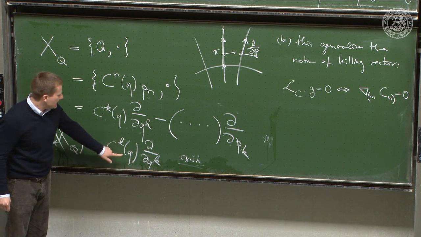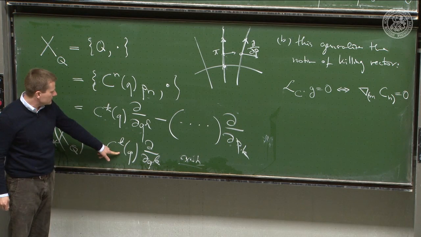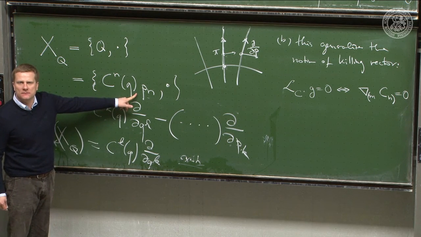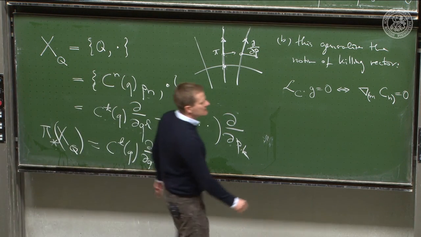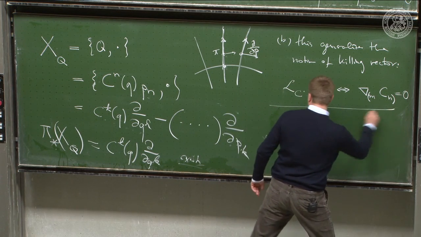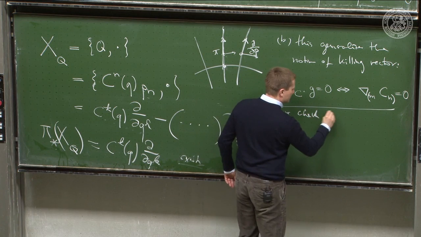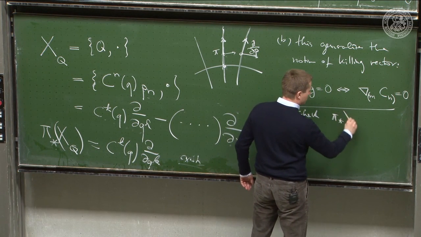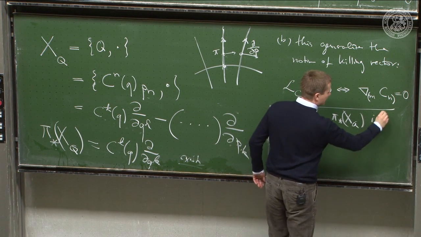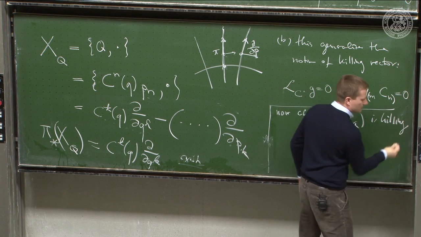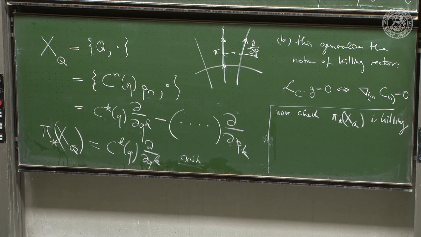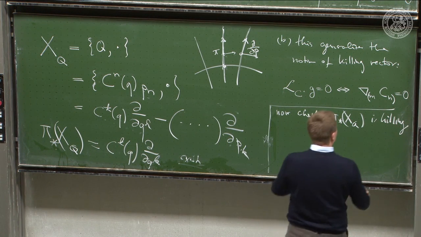So because this exists, that's the first thing, and then we need to check whether this guy actually is a Killing vector field of the metric. Check that this push forward of the xq is Killing. Well, how do we do this?